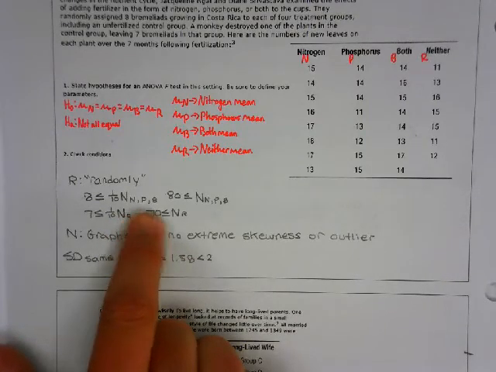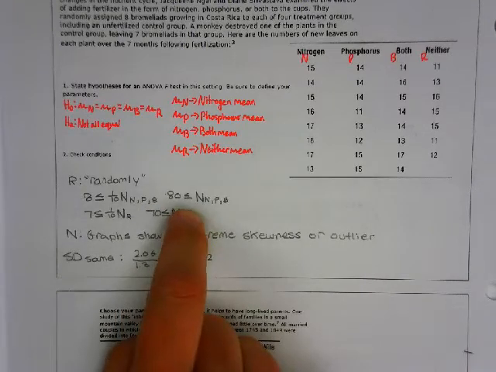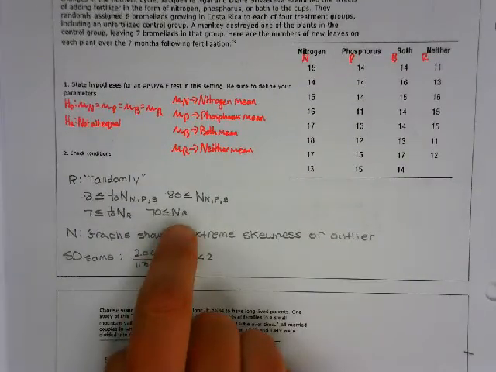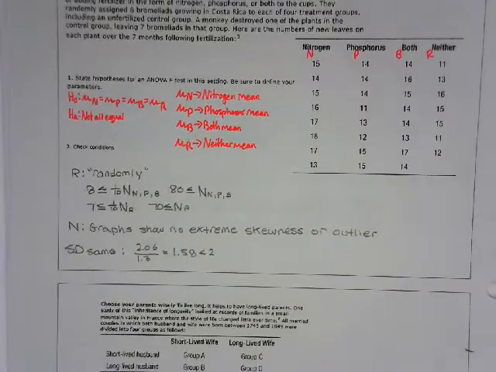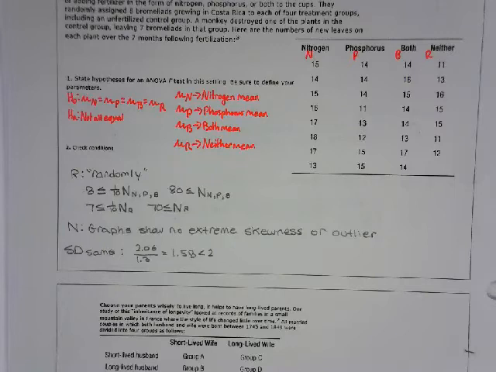She did actually check her box plots. None of them show extreme skewness or outliers. And then same standard deviation, largest standard deviation divided by the smallest is about 1.58, which is less than 2.